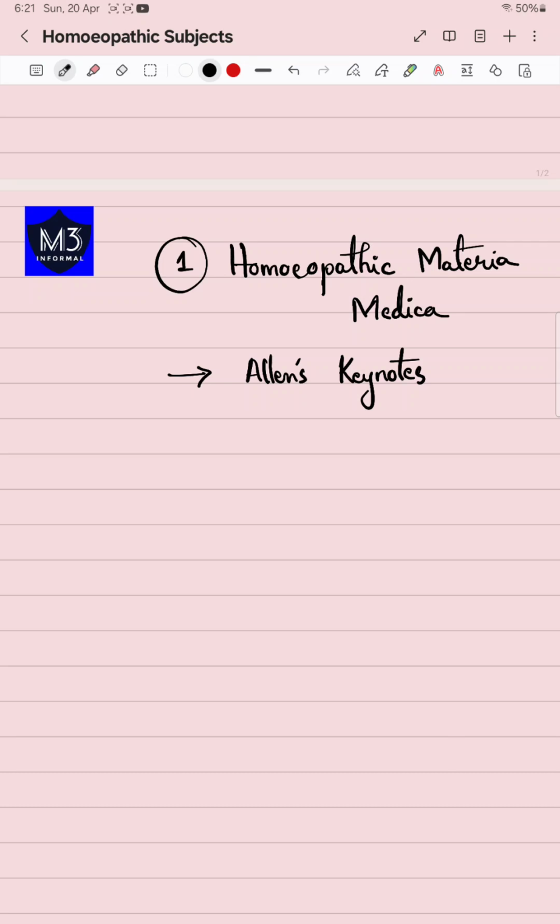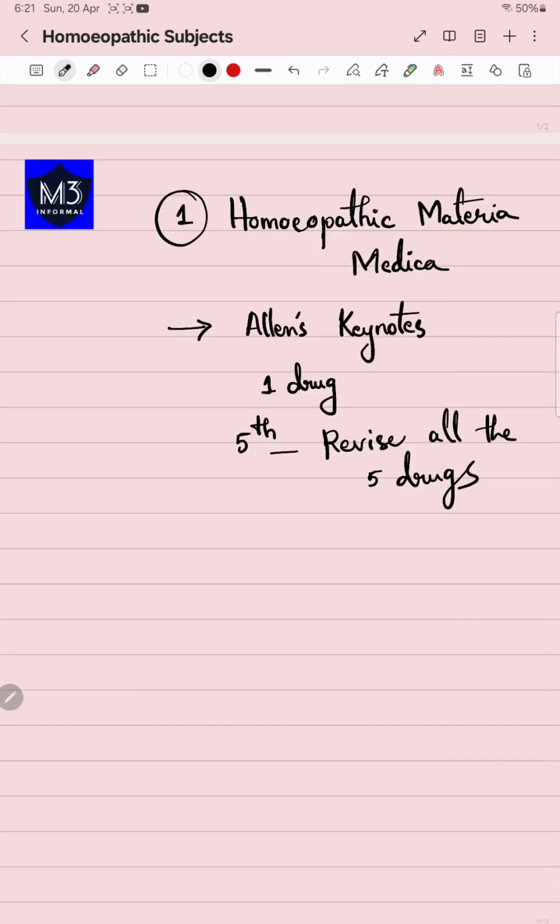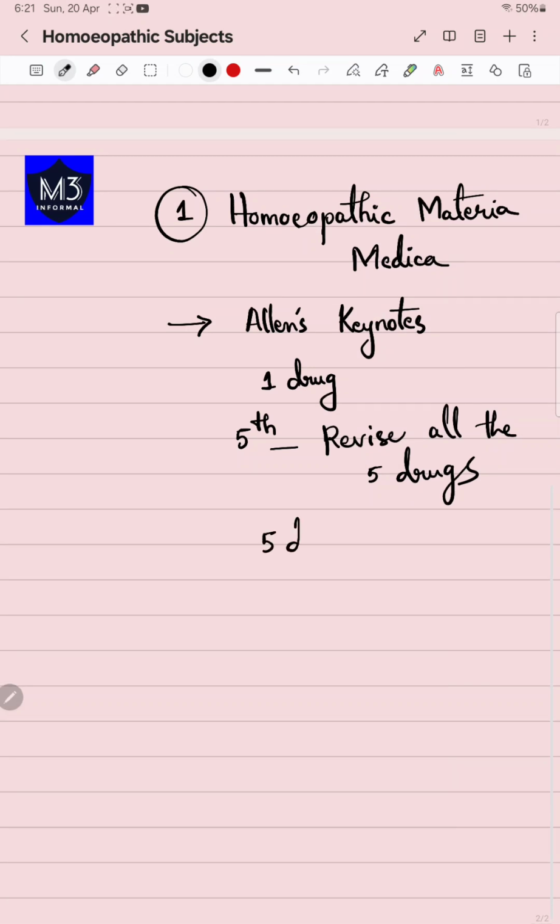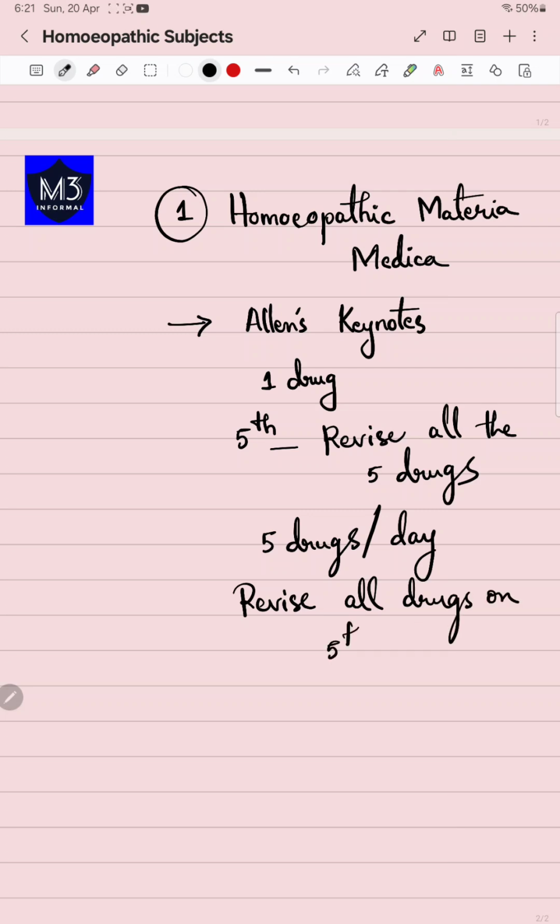So, on day 1, if you are studying one drug, make sure on the 5th day you revise all the 5 drugs. Whatever your pattern may be, if you are studying 5 drugs per day, then make sure you revise all drugs on the 5th day, whatever the number may be.